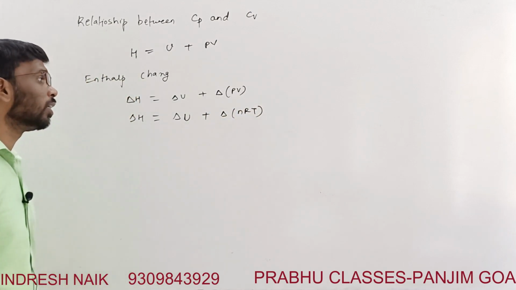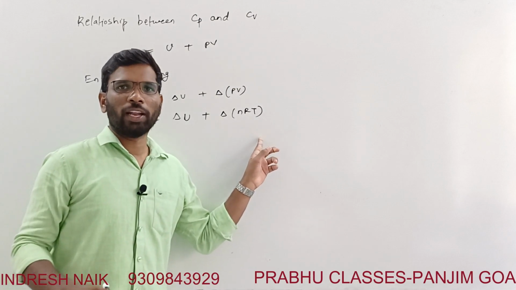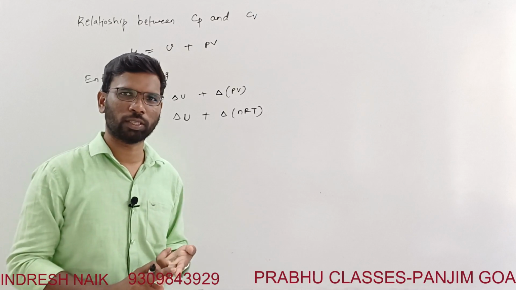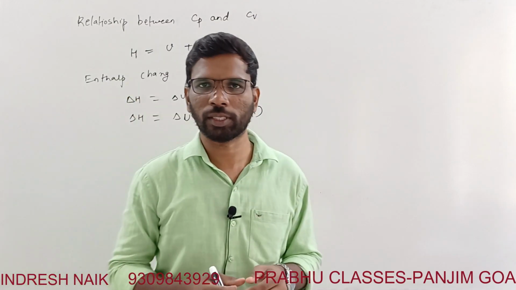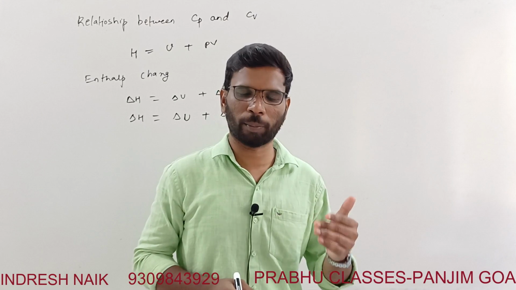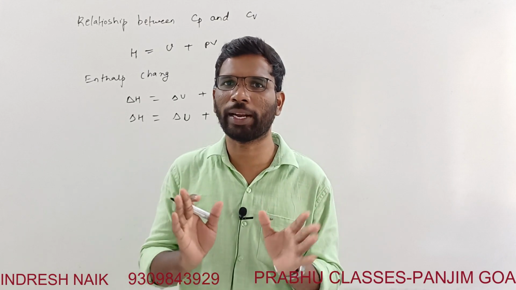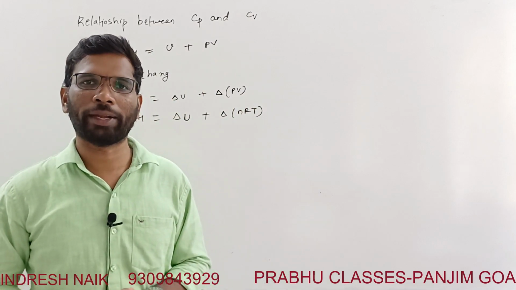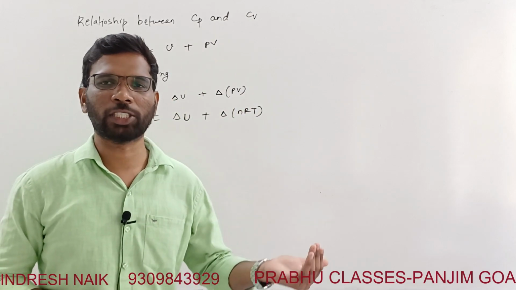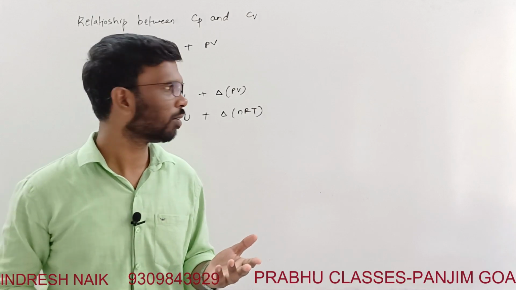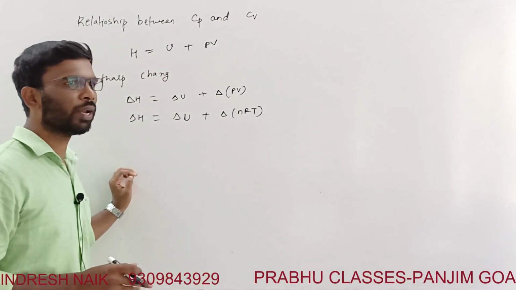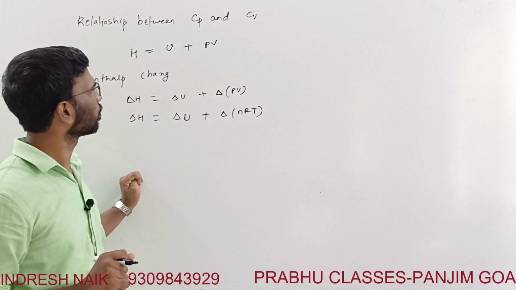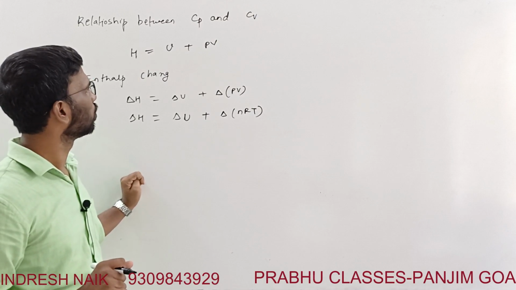In the whole of this, temperature is the one which is changing, right? Because pressure is constant, volume is constant. So these are the variables, temperature, pressure and the volume. We have learned this in states of matter also, right?